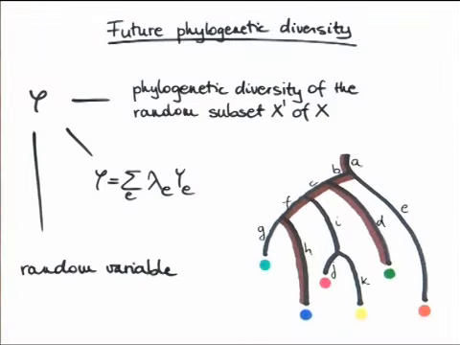So we see that there are edges that we count and other edges that we don't count, and it can be seen easily that phi can be written as the sum of the terms lambda e times Ye, where again lambda e is the length of edge e, and Ye is a binary random variable which takes the value 1 if we count the edge e.